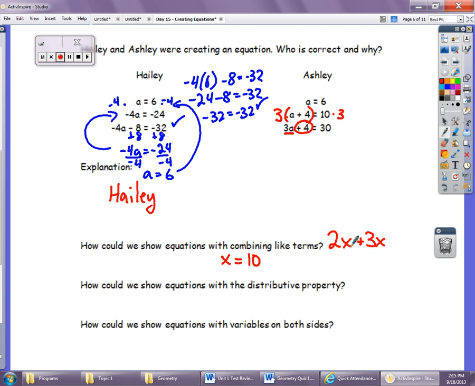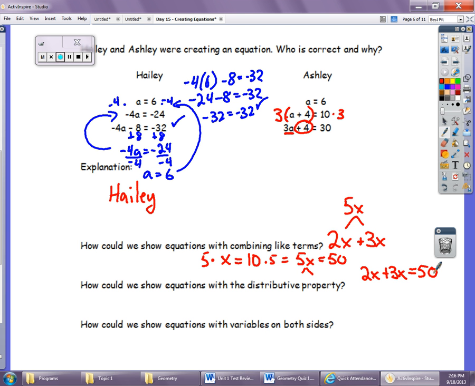Well, if I want to show this combining like term of 2x plus 3x, well, that is really 5x. So that's saying I need 5 of these x's, so I'm going to multiply this side by 5 and multiply this side by 5. So what I know is I have 5x is equal to 50. Well, I'm going to break my 5x into 2x plus 3x. So I'll have 2x plus 3x now equals 50.